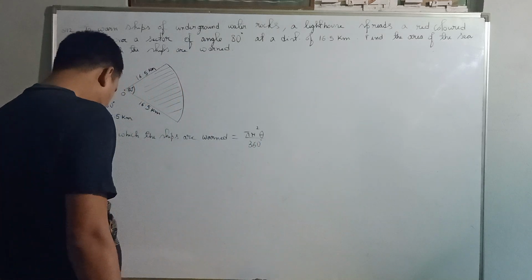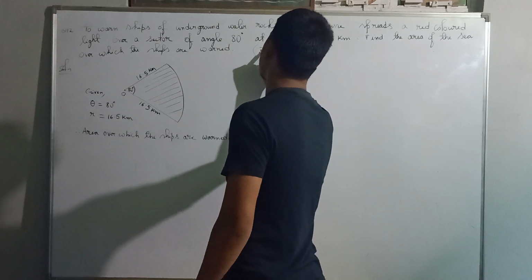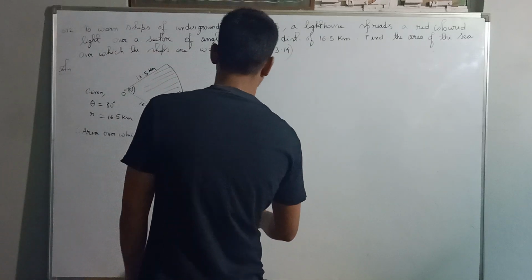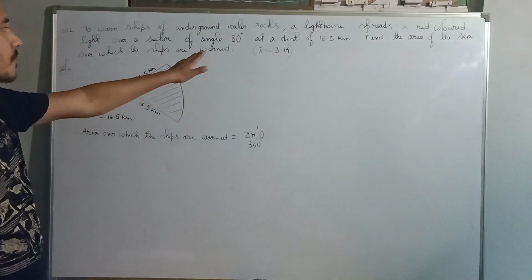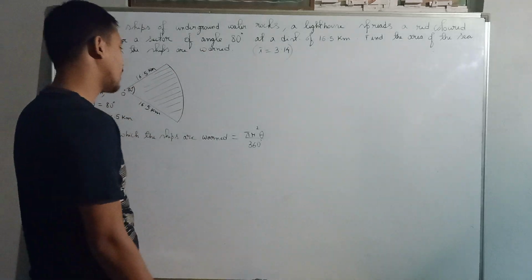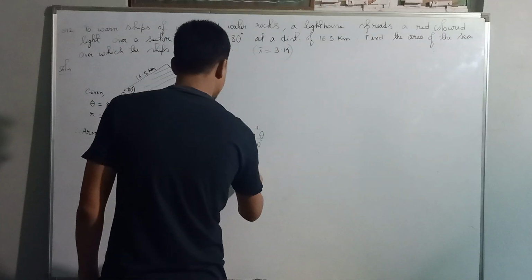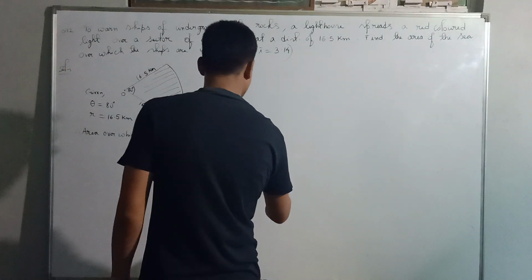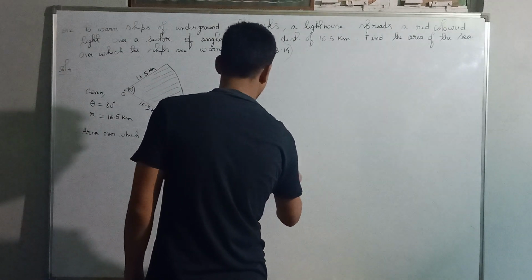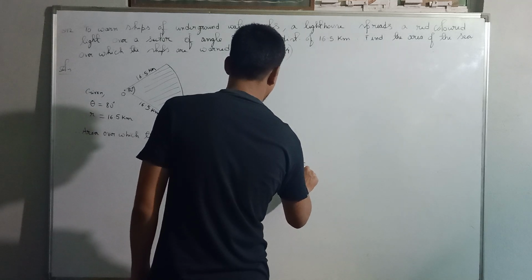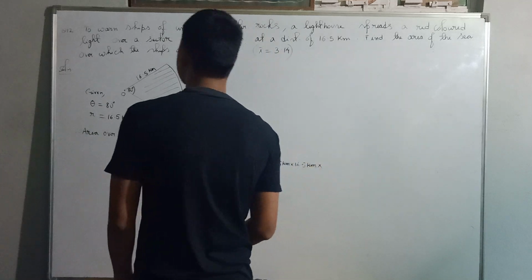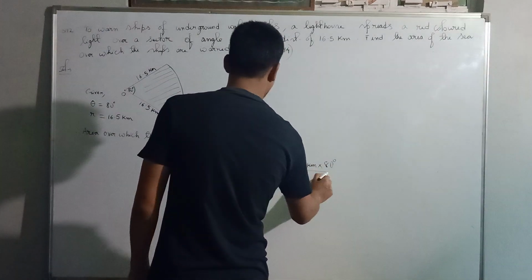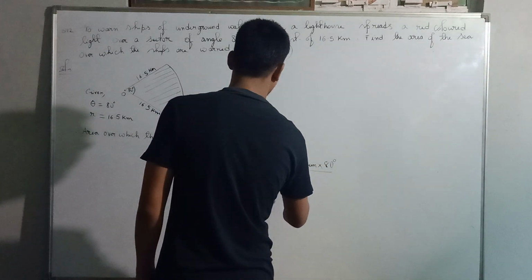And in the question we are asked to use pi as 3.14. So we're going to strictly use the value of pi as 3.14. So pi 3.14 into r square means r into r, 16.5 kilometers into 16.5 kilometers into your theta. Theta is 80 degree upon 360 degree.